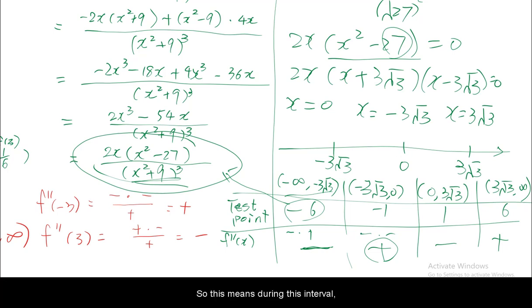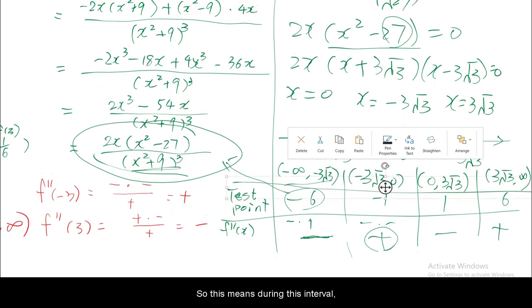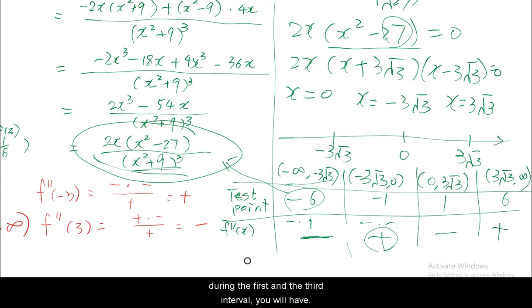So this means during the first and the third interval, your graph will be concave downward, right? Because the second derivative of f of x is negative, and on the second and the fourth interval, it will be concave upward.